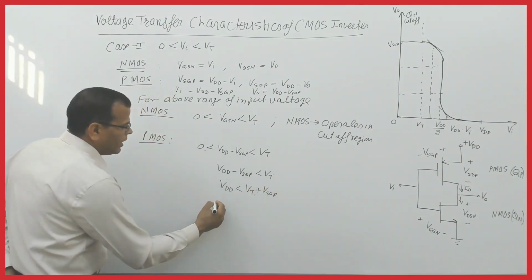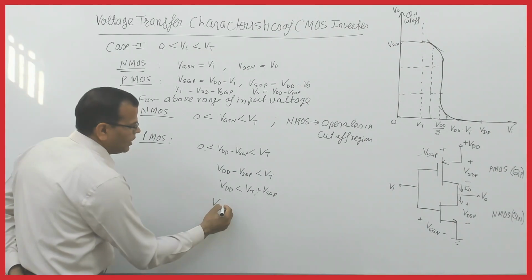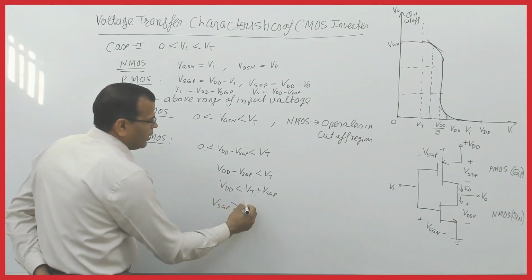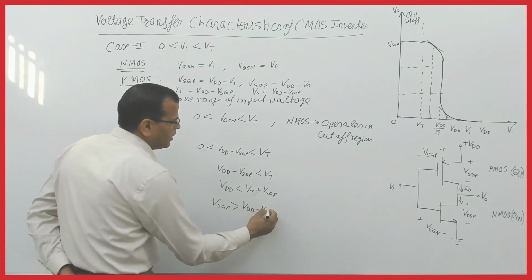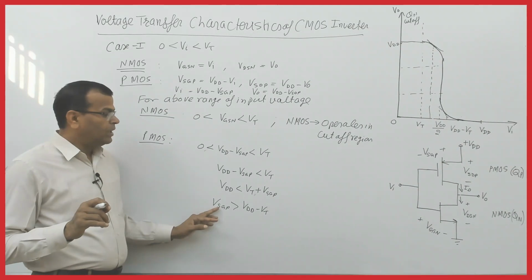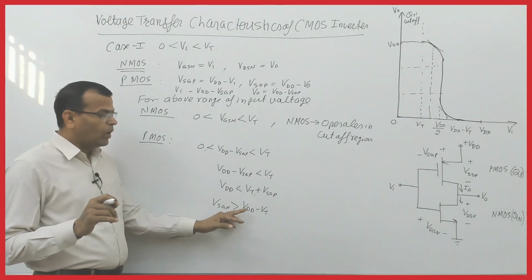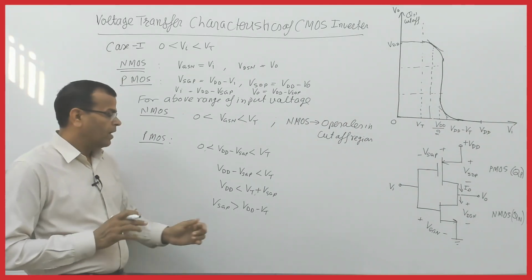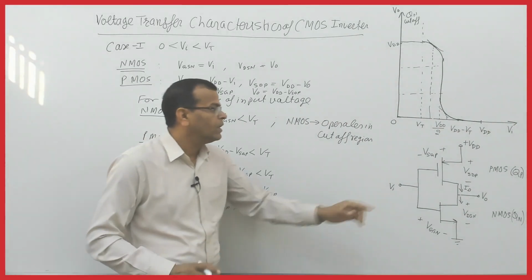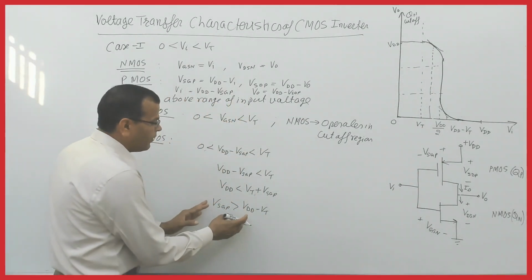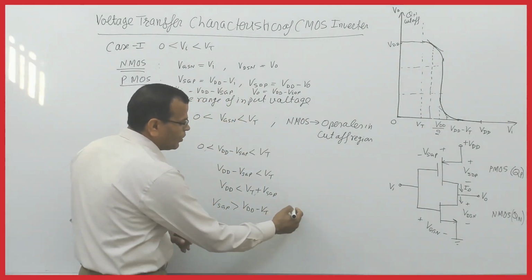right? Or we can say VSGP is greater than VDD minus threshold voltage. So VSGP is quite large, VDD minus VT. This is quite large. So it means this voltage is definitely more than the threshold voltage.